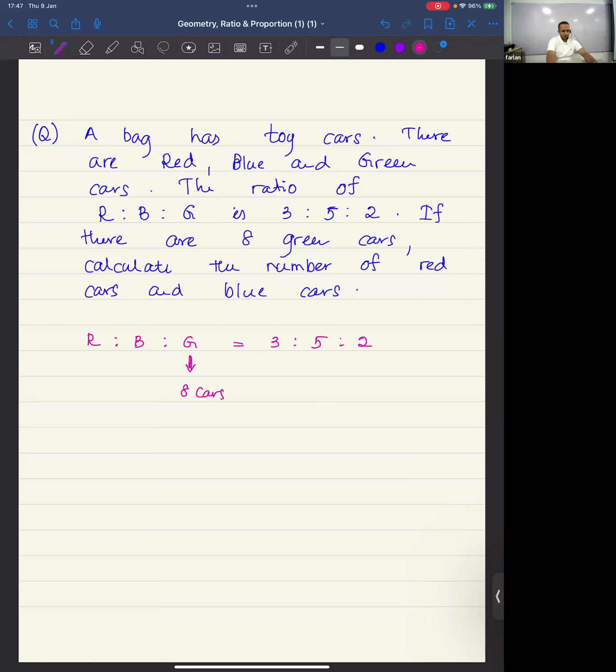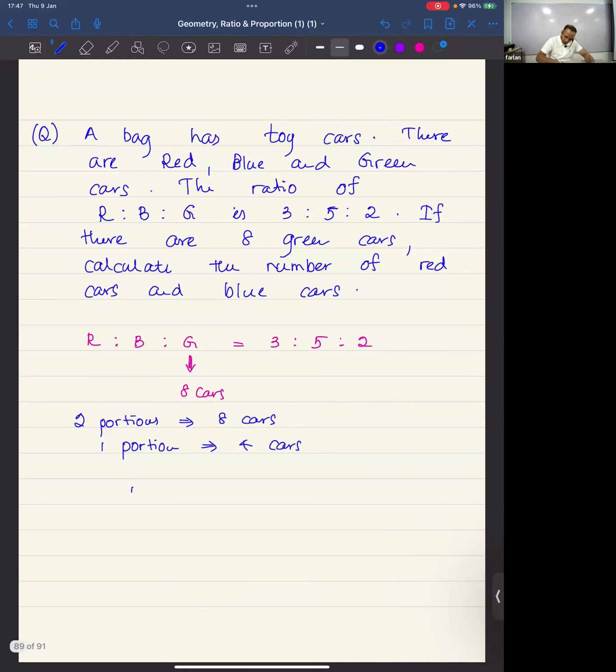Now guys, the green is 2 portions. 2 portions is 8 cars. Then 1 portion is 4 cars.